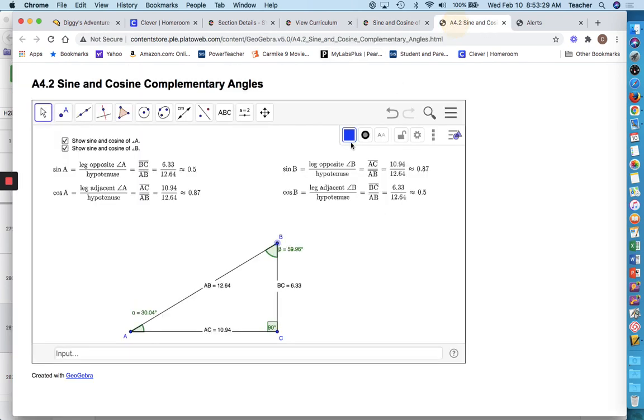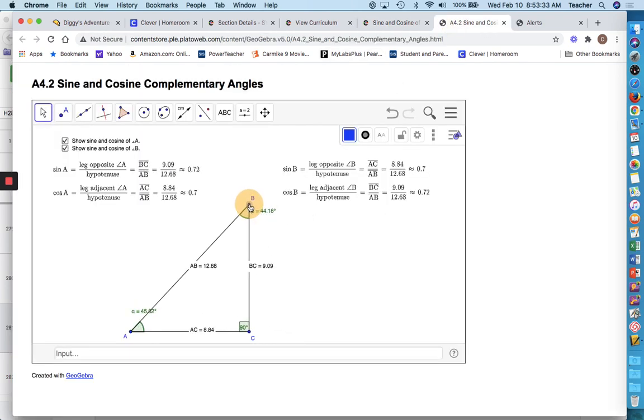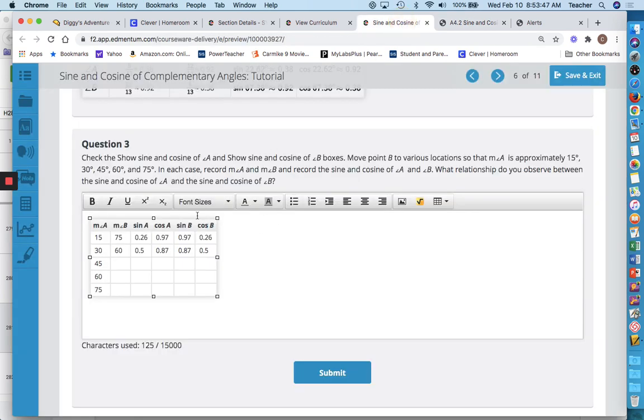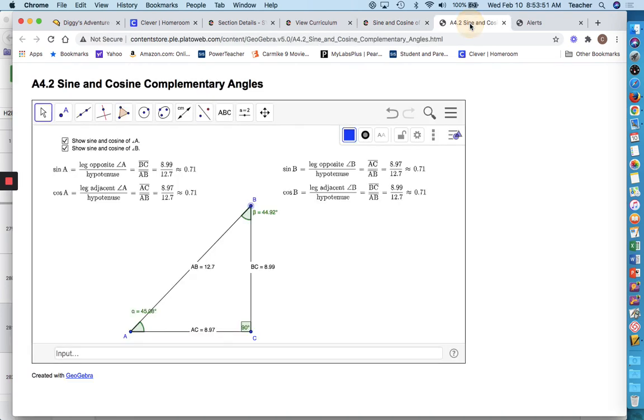All right, we'll change it to 45. Okay, there it is. That's pretty close, 45.08. And angle B is 45, because 45 plus 45 is 90. All right, 0.71, 0.71. They're all 0.71.